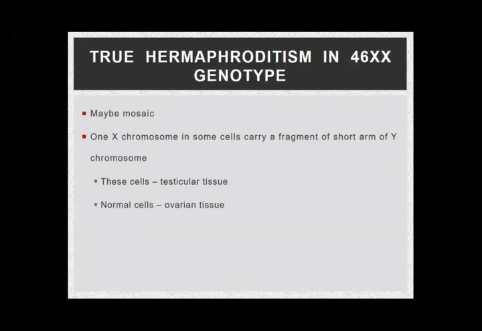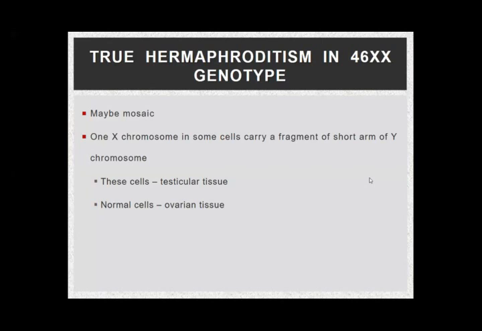अच्छा जी, true hermaphroditism in 46XX genotype. This could be because of mosaicism. One X chromosome, the short arm of Y chromosome. ठीक है?